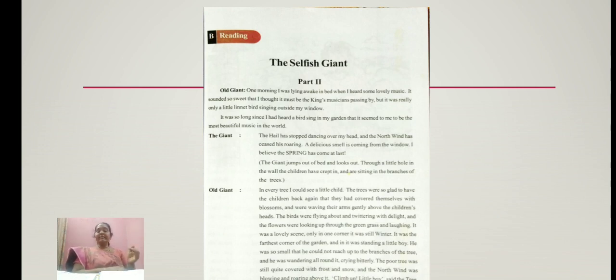If we understand that, we may be able to understand the story very well. So the old giant is a selfish character, whereas the giant is a kind character. Okay, so here let us read the lesson.